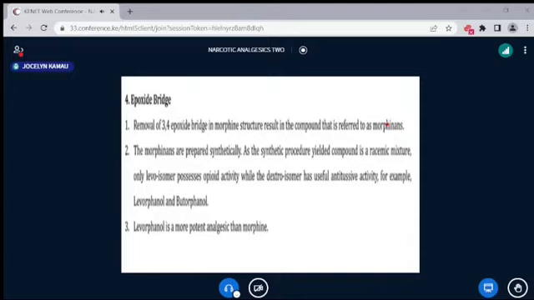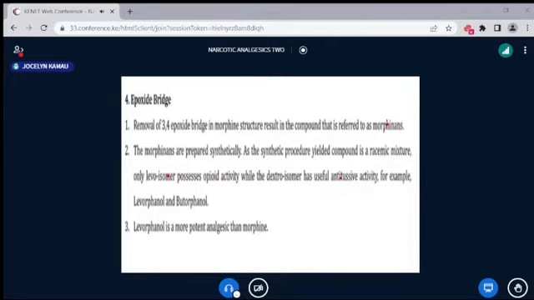The morphinans are prepared synthetically, and the synthetic procedure yielded a racemic mixture of the dextro and levo isomers. Just as morphine possesses opioid activity, the dextro isomer has useful antitussive activity. So again, stereochemistry is important.